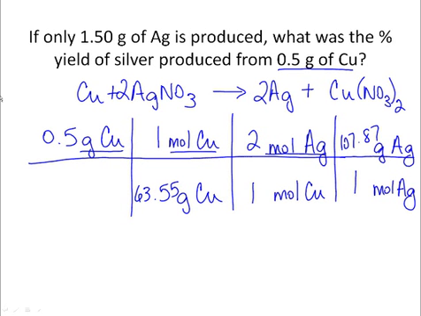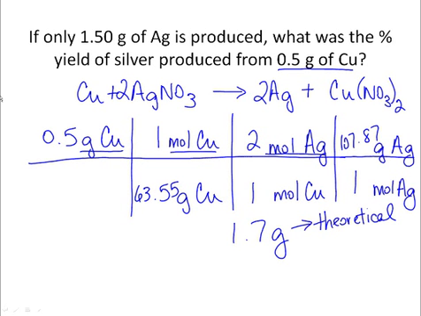Alright, so when you calculate this out, you will be getting 1.7 grams. Now, that 1.7 grams, again, that is going to be your theoretical yield.